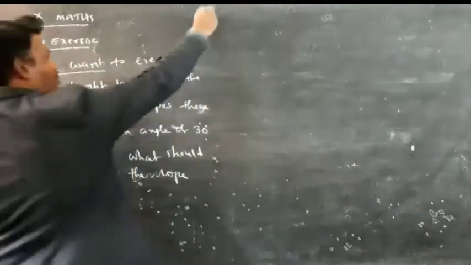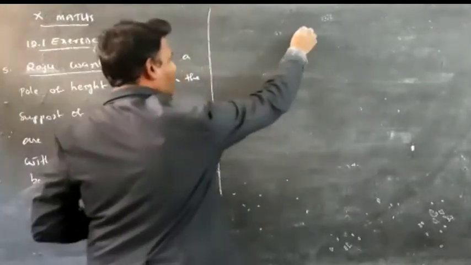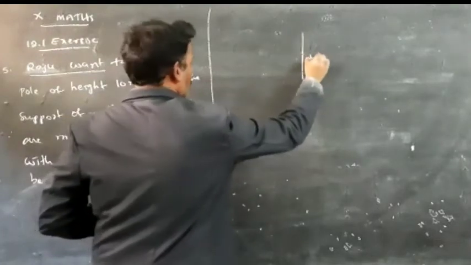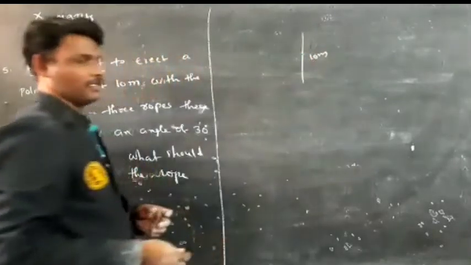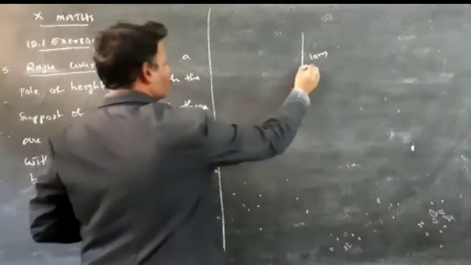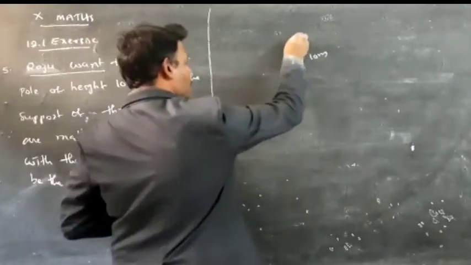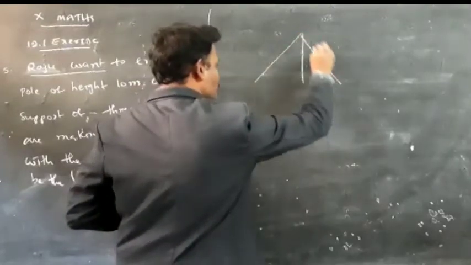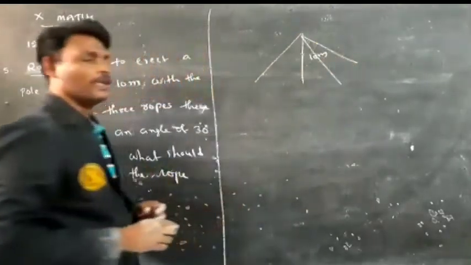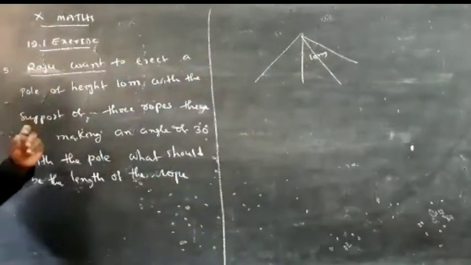For example, here one pole is there. What is the height of the pole? 10 meters. One person, Raju, wants to erect a pole and he is taking the support of 3 ropes.